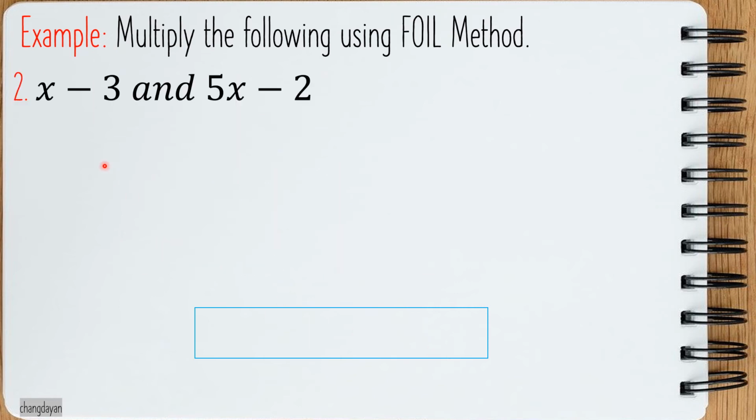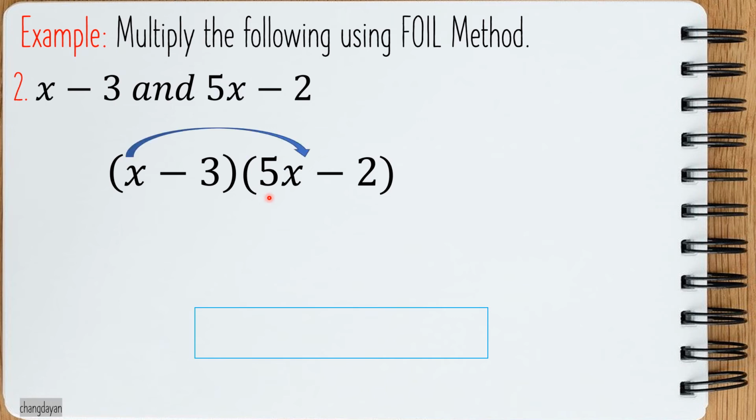Now, let us have this example. x minus 3 multiplied by 5x minus 2. So, here our first term is x, and here is 5x. Again, multiply the first term.